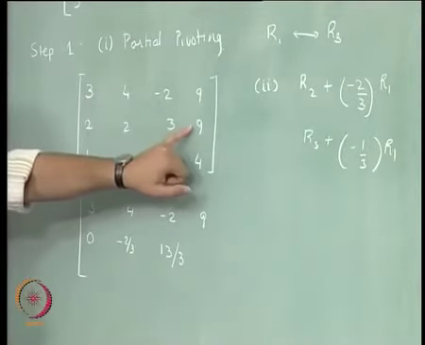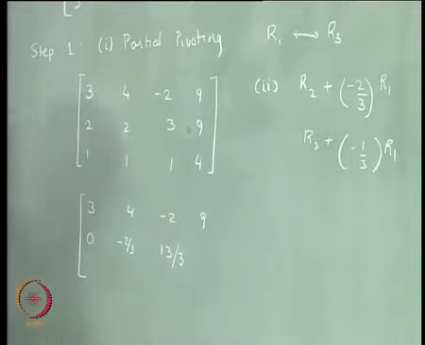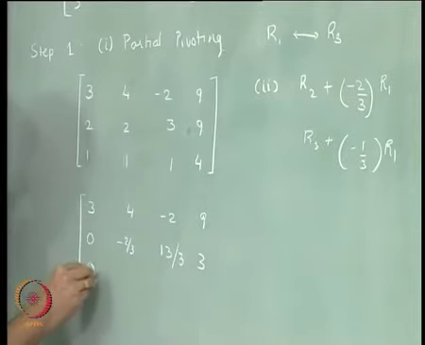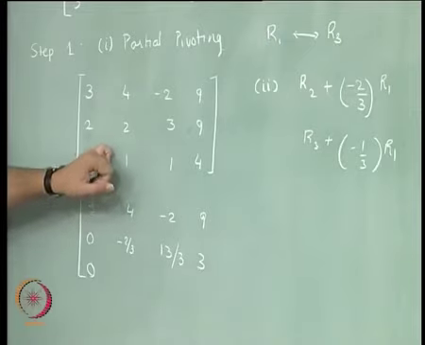Okay, and this will have 9 minus 6, that should be equal to 3. Okay, and over here we will get a 0, and 1 minus 4 by 3, that is minus 1 by 3.